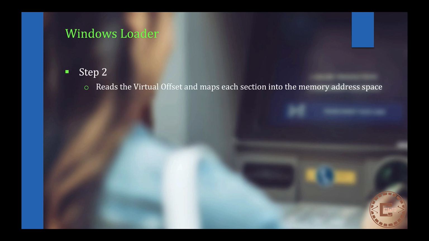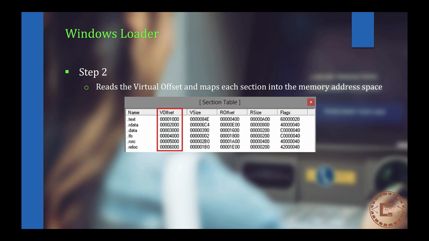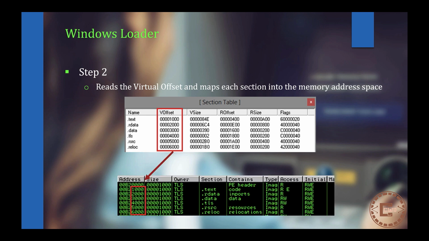Step 2. The loader is going to read the virtual offsets and map each section into the memory address space. Okay, so let's see, my virtual offsets are such that every 1000 bytes is the difference between the sections. Then when I load it in memory, this is on disk and here is in memory.